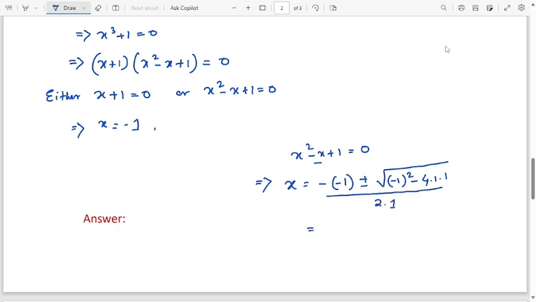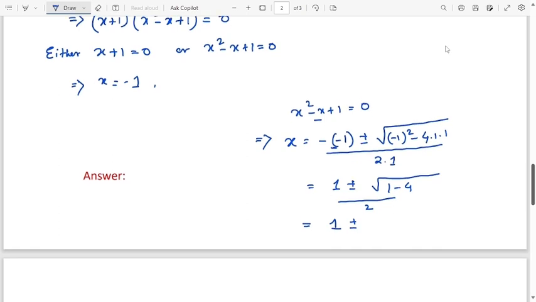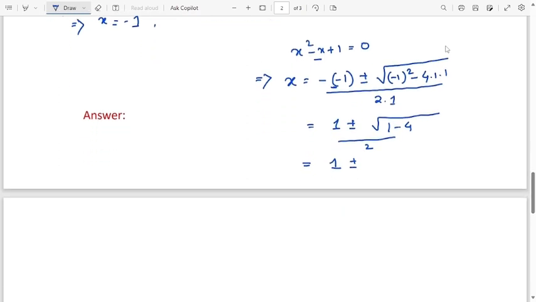We can simplify this as 1 ± √(−3) over 2.